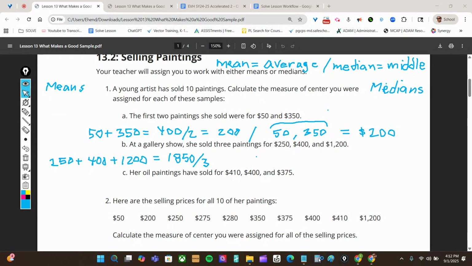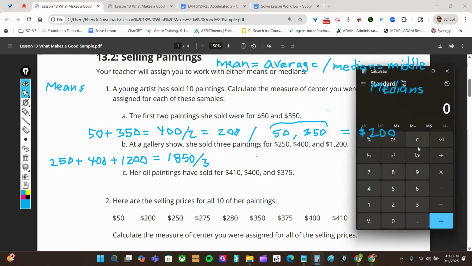All right. 1850 divided by 3 equals approximately 616.